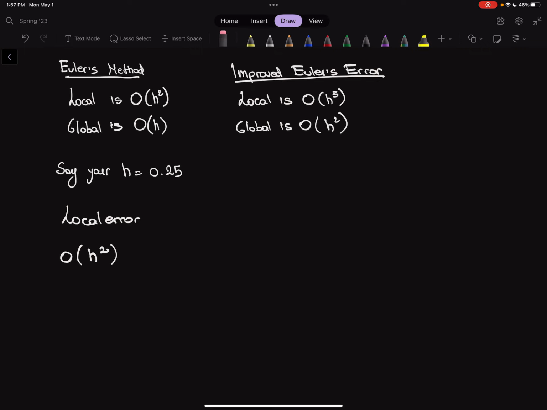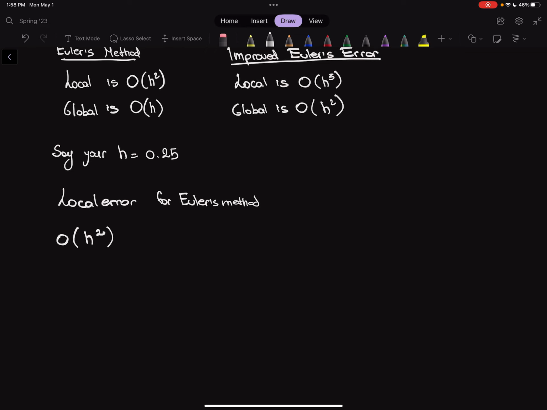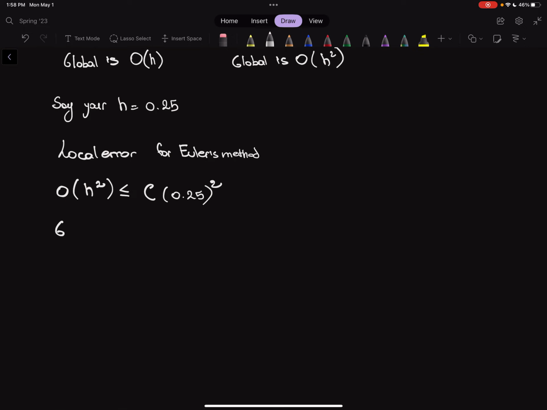So for the local error for Euler's method, we have this, which would be less than or equal to C times 0.25 squared. Now my global error would be O(h^3)..., which is less than or equal to C times 0.25 to the third.